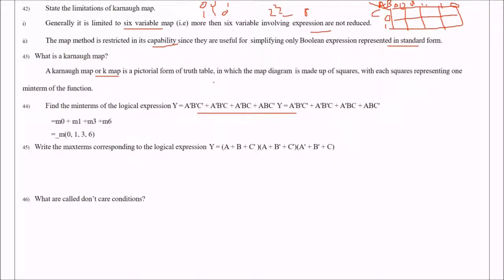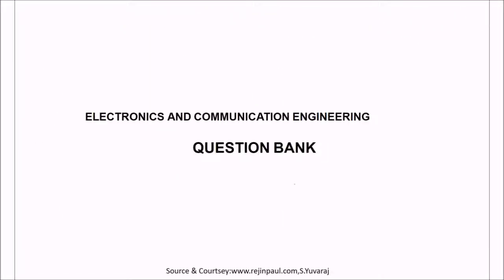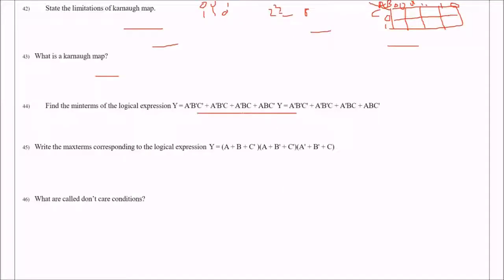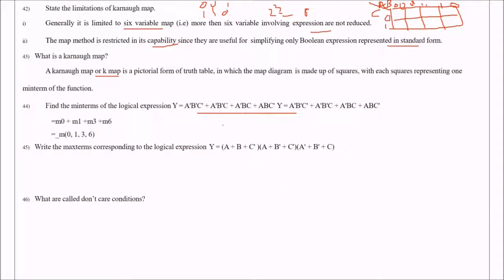Just try to stick to and learn what exactly it means to be min terms and max terms. And I'm going to write the answer directly. So the answer would be: this is M0, this is M1, this is M3, this is M6. So it will be 0, 1, 3, 6. This is how it is written. And what about the max terms in the table which I showed you just now? It is about A, B plus C dash. So it will be simply this is M1, this is M3, this is M6. So we write it as M136.